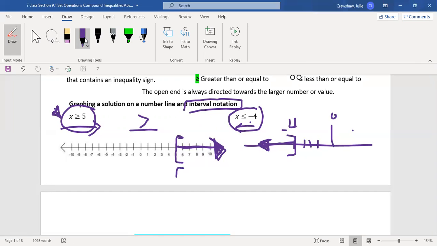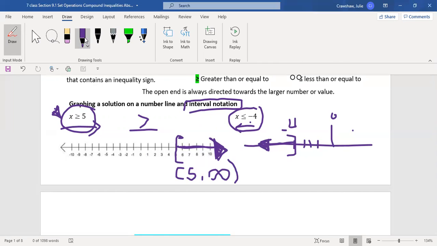I'm going to start with a bracket, and then my solution starts at 5, but then it continues on and on and on to the right, and it never stops. So we have a symbol that represents infinity, which is a sideways 8. And since infinity can never end, we use a parenthesis.